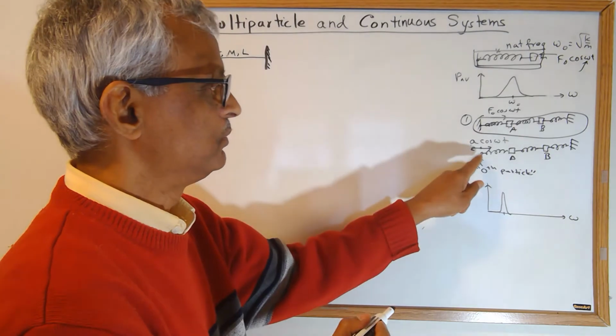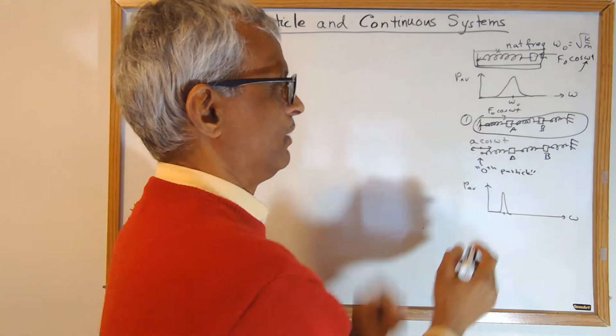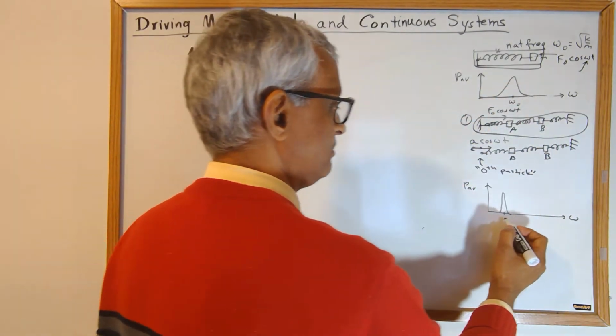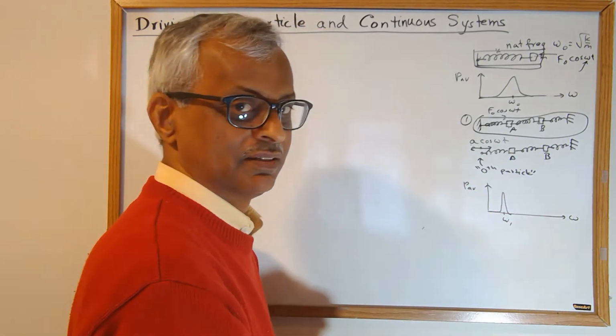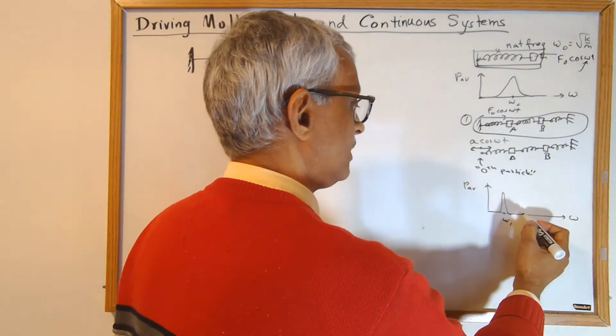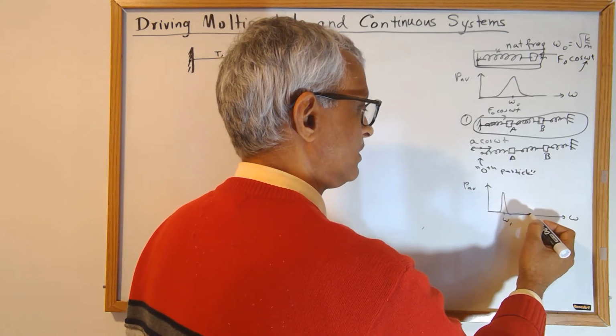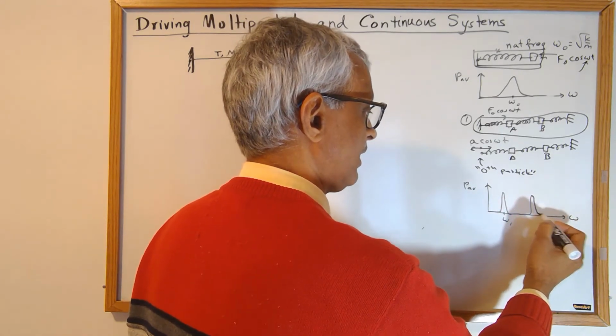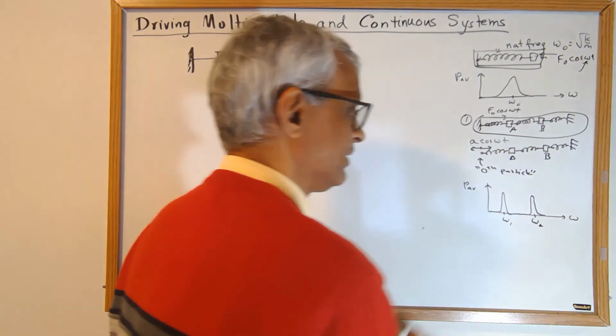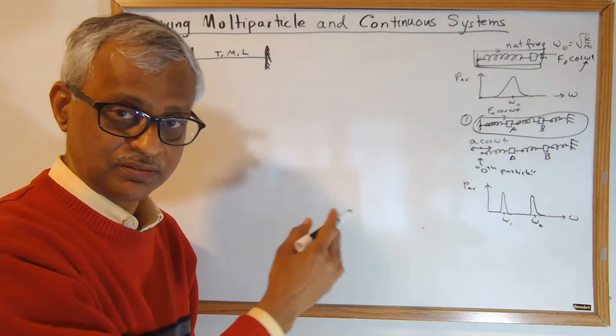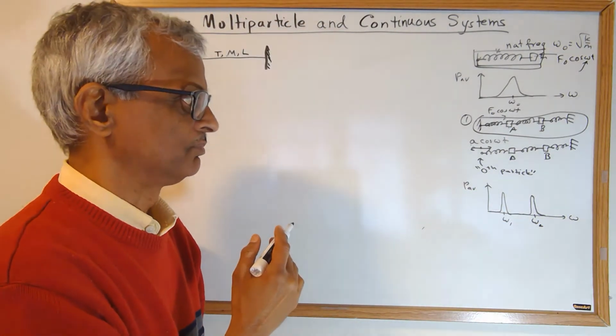Even if I'm doing it this way, I will get a normal mode of that system, omega 1, and another normal mode at some omega 2. So there will be two peaks, one at each normal mode frequency.